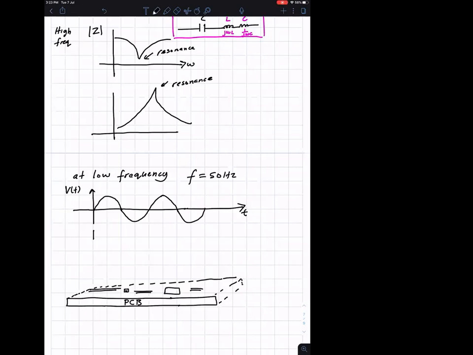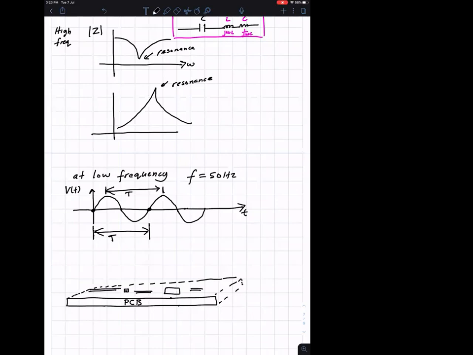Usually we measure the period from zero crossing to the second zero crossing. That's one way to do the period. Another way is peak to peak, which also gives you the same period.